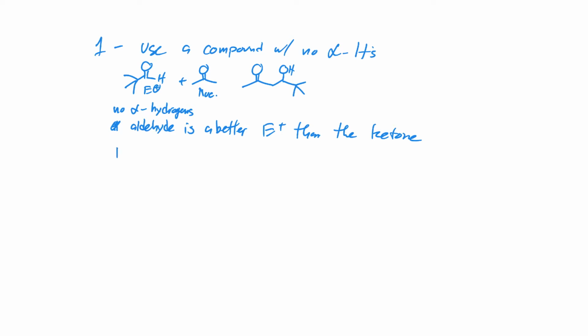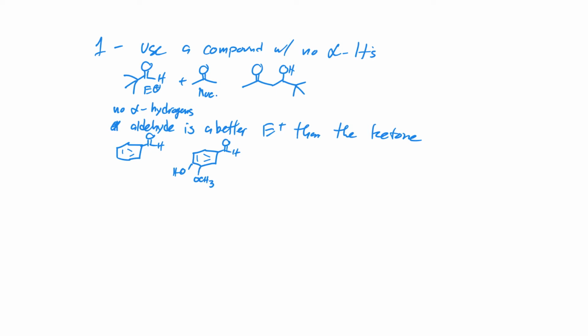You could also use benzaldehyde or other forms of aromatic aldehydes. We saw one in lab, I think last semester. We're going to see it again this semester, vanillin. So any of these would be great electrophiles for use in an aldol condensation.